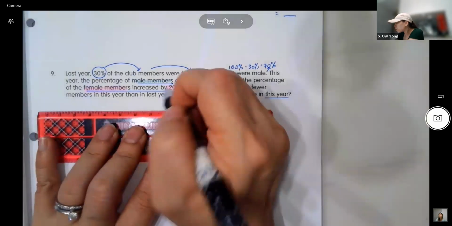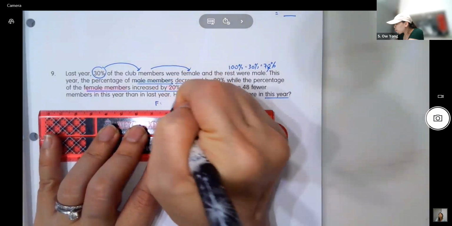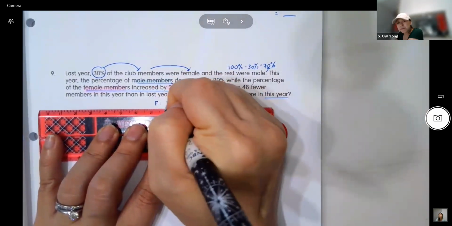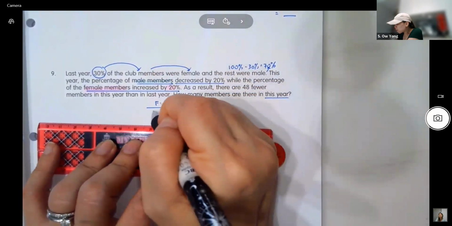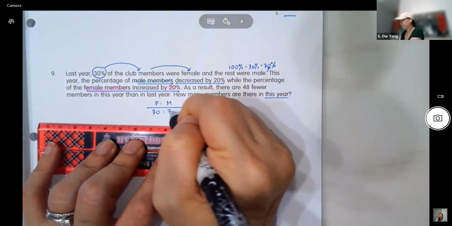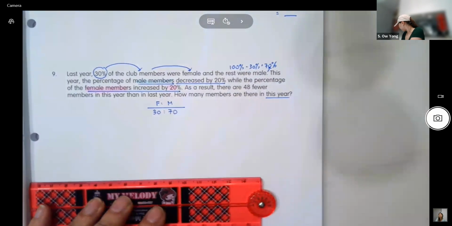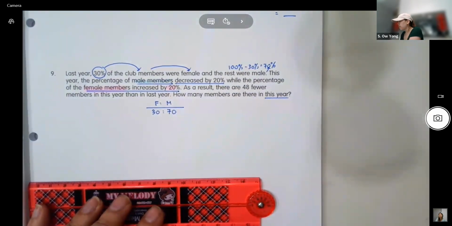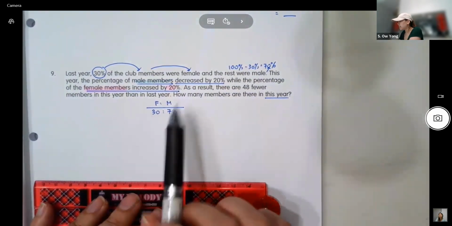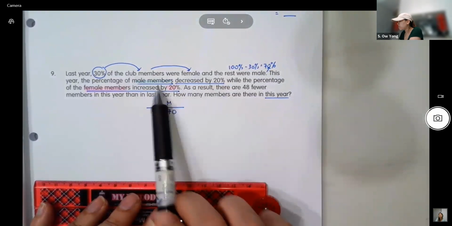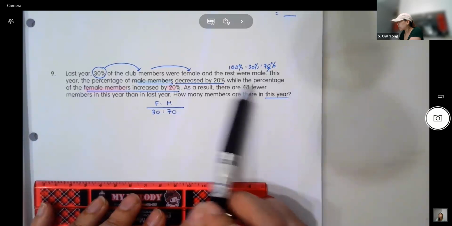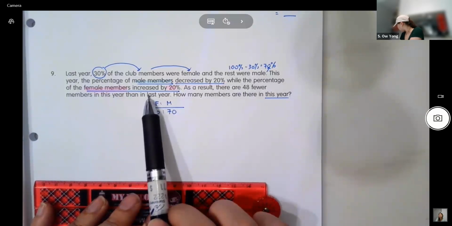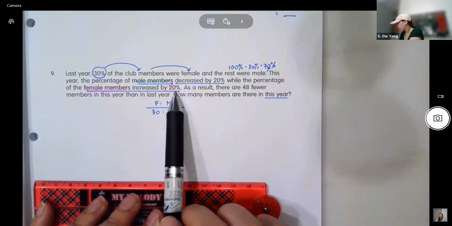So if let's say you do the ratio listing, male and female, female 30%, male 70%. Then they say this year the percentage of male decreased by 20%, percentage of female increased by 20%.